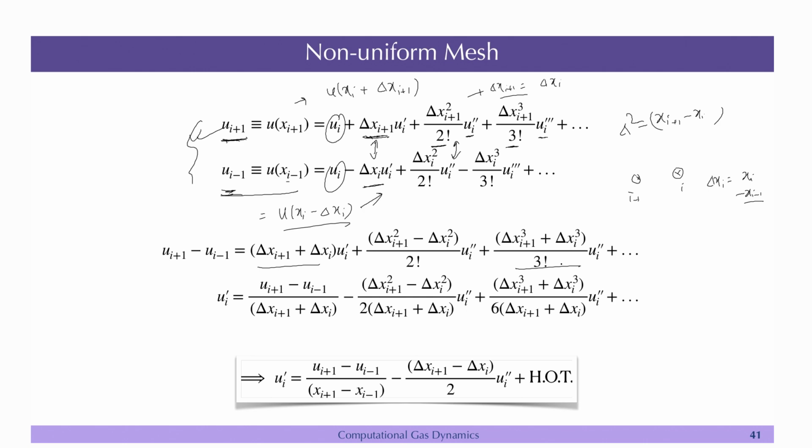And what is this delta x i plus 1 plus delta x i? Now we want to get this derivative, so you take this on the left hand side and divide all of them by this. So this is now delta x i plus 1 plus delta x i, which is nothing but x i plus 1 minus x i plus x i minus x i minus 1, right.